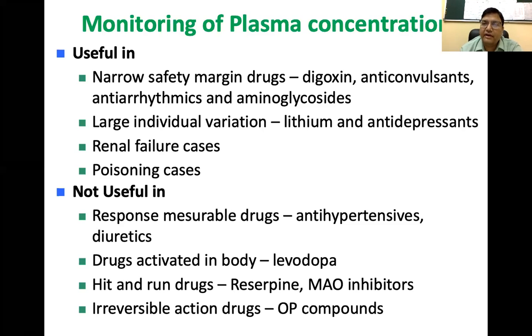So even if we monitor these drugs, we are not going to get constructive results, because they hit the target and they run away. That means their plasma concentration decreases, but still we are getting the effect. So for such drugs it is not useful to do plasma concentration monitoring.